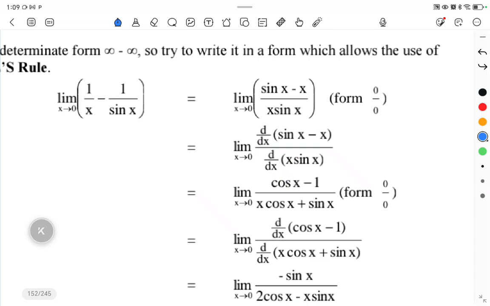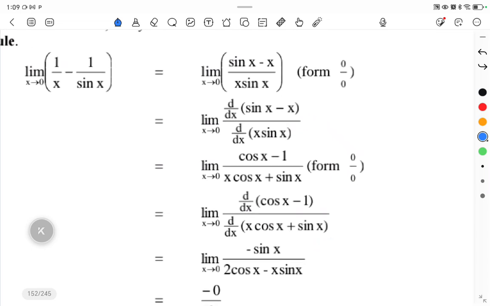So when we derive this individually, we already know the product rule, we know how to derive sine, we know how to derive cos, right? So let's say I derive sine x, I get cos x, and this one I get 1. And then the denominator, I use the product rule.